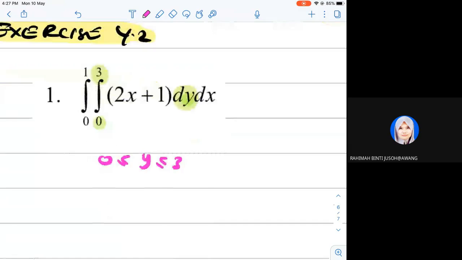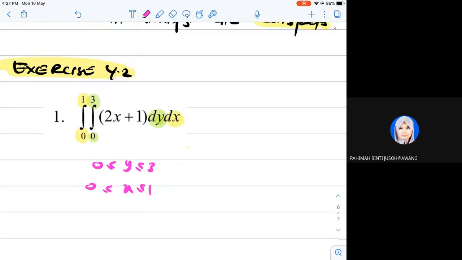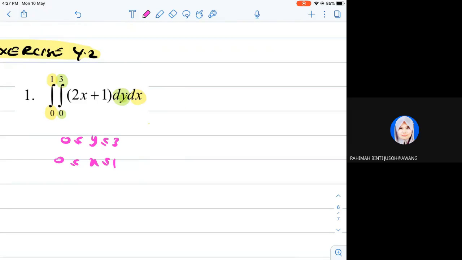And then the limit of X, outer limit belongs to X lah. Itu cara baca dia. So X from 0 until 1. So kalau you tengok ni, semua tu constant, semua tu nombor.